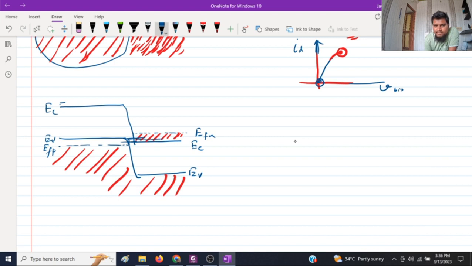Earlier for the maximum it was like this, EF and EC, so there was a maximum overlap, so the current was maximum. As you increase the forward bias further, only this part is actually contributing to tunneling. Only these portion electrons can tunnel, and that's why the current will start decreasing. The minimum tunneling will happen when you have a situation like this.